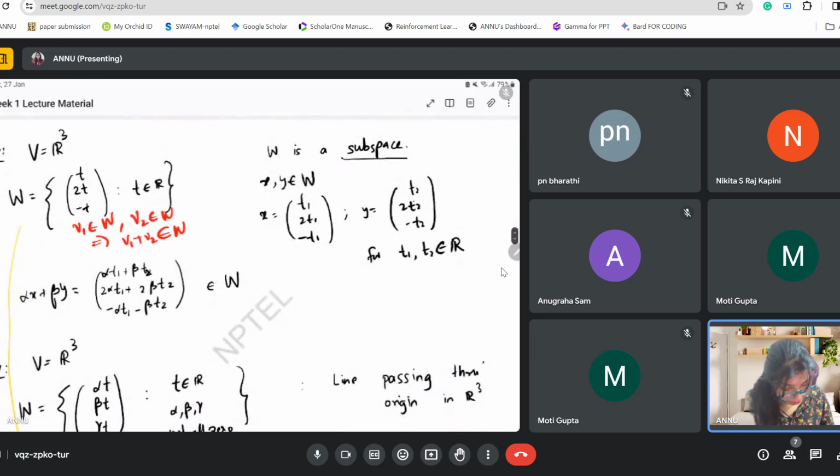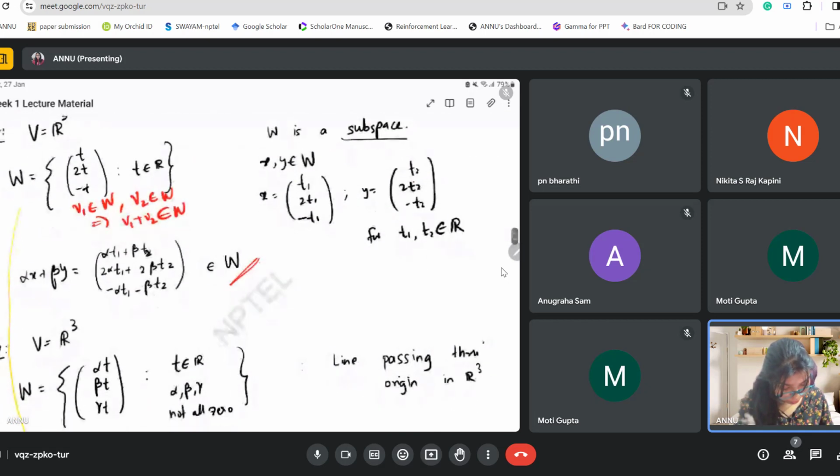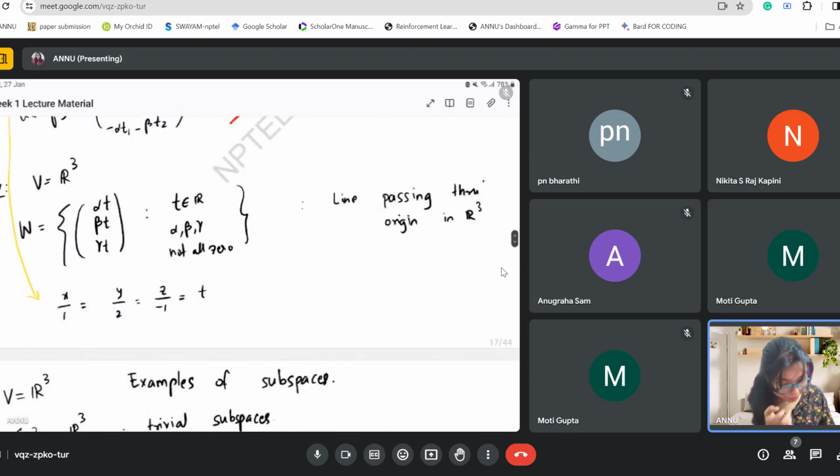Since t is any real number, this also belongs to W. So this is closure under addition. And since t belongs to R, and R consists of 0 also, 0 0 0 is also there. Additive identity and additive inverse are also there. Fine. And it can be any alpha, beta, gamma, not all 0. Again, we are considering only not all 0.